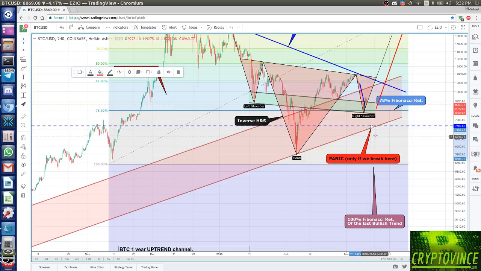We have the trend base, the trend of 1 year BTC. This is the channel right here, so it will arrive perfectly there. So this is a spot where BTC can arrive and bounce off, and look at it, it's about $7,500, as we figured out in our Fibonacci extension trend base on the 15-minute chart.